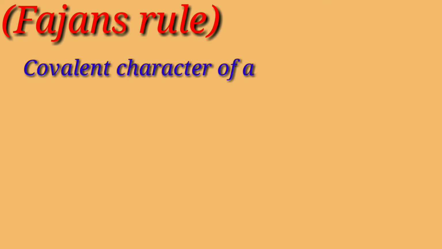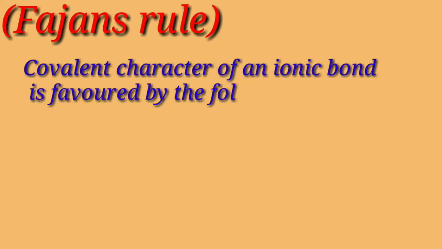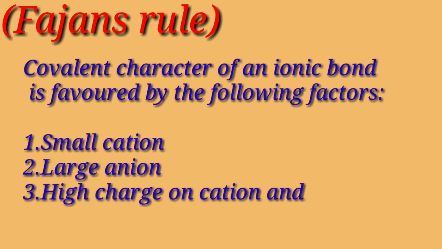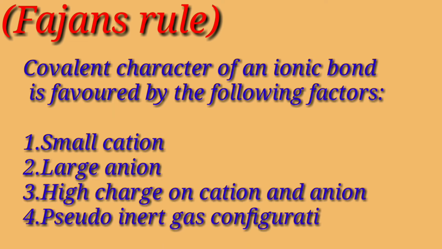Consider Fajan's rule, which states that covalent character of an ionic bond is favored by the following factors. First is small cation. Second, large anion. Third, high charge on cation and anion. And fourth, pseudo-inert gas configuration.